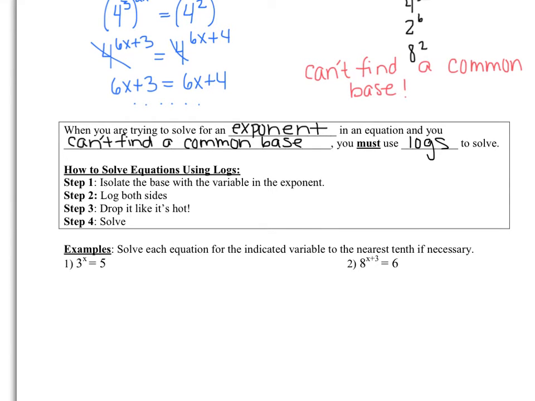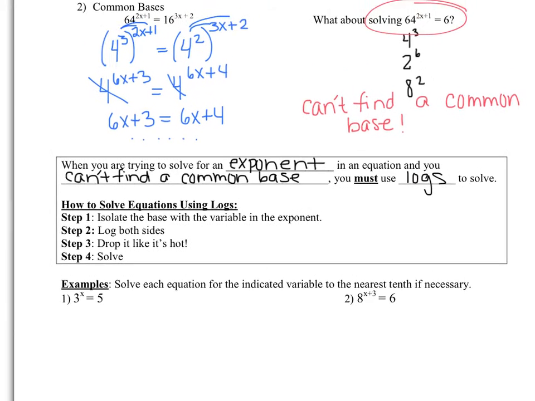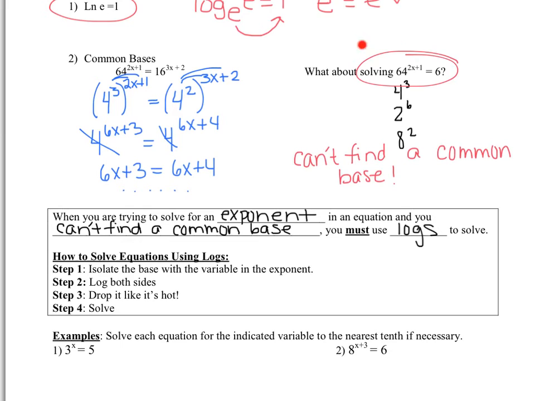So let's read it again. When you're trying to solve for an exponent, meaning the variable is in the exponent, in an equation, and you can't find a common base, you must use logs to solve. So here, in this example, we're trying to find the exponent. We're trying to find what x is, and x is located in the exponent. We couldn't find a common base, so we're going to have to use logs to solve it.